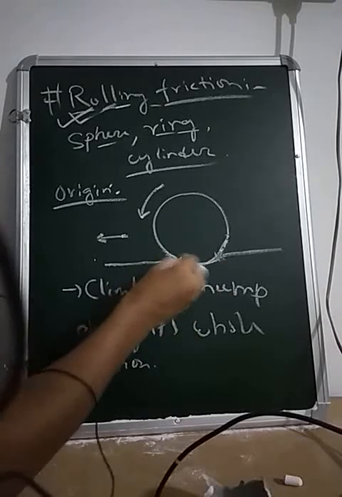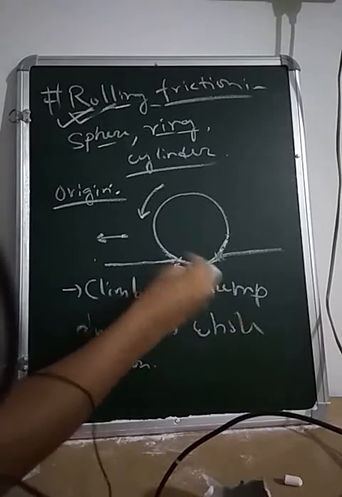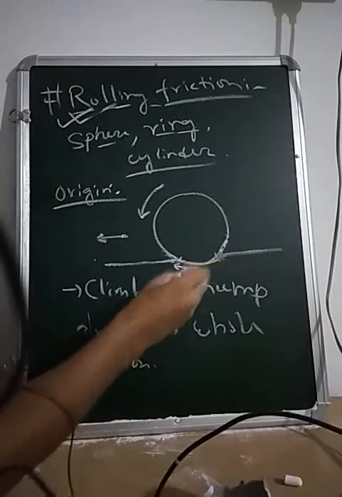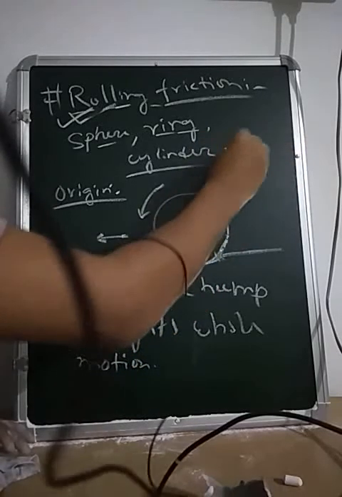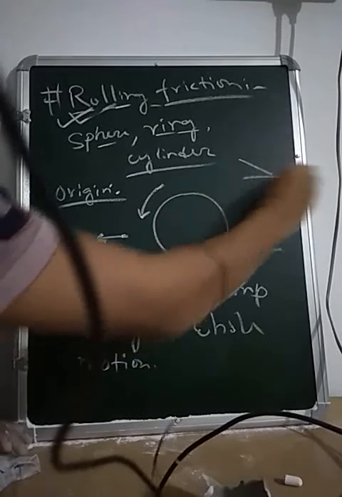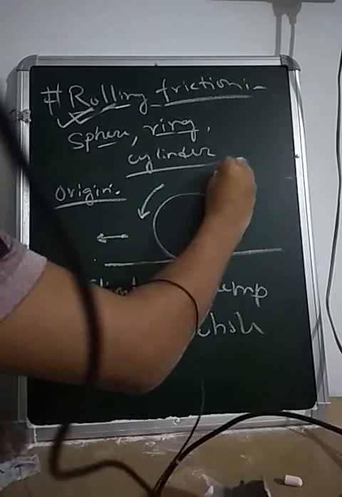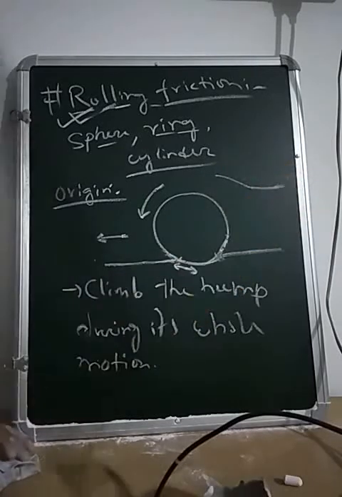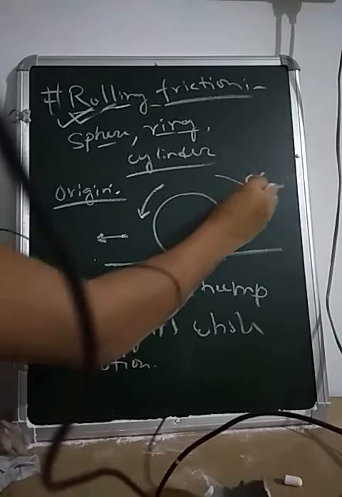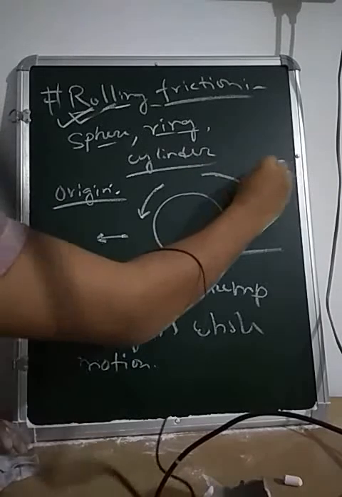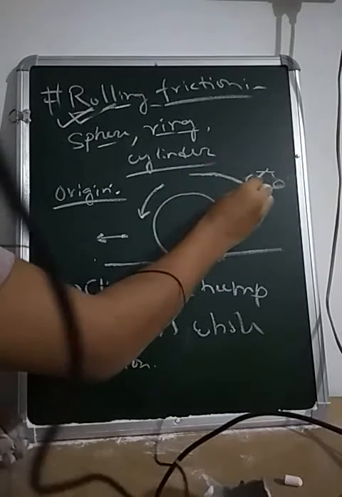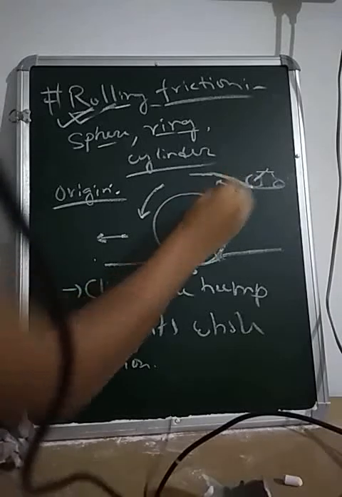Hump means this is climbing, this is upward. It is like when you ride a bicycle or a bike and there is an upward slope on the road. It is difficult to ride, more force is required to climb up when you ride a bicycle or a bike.